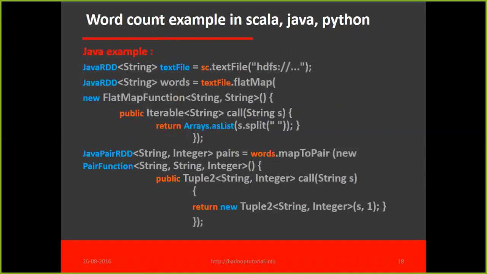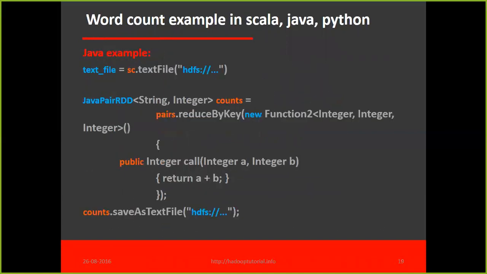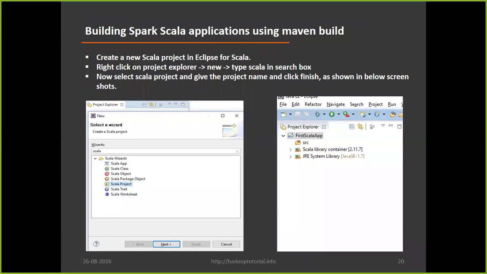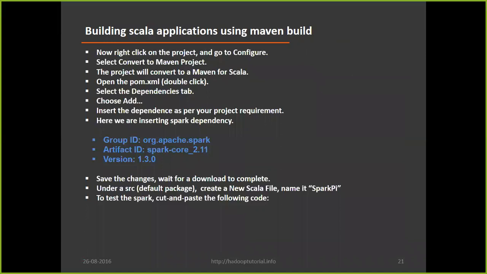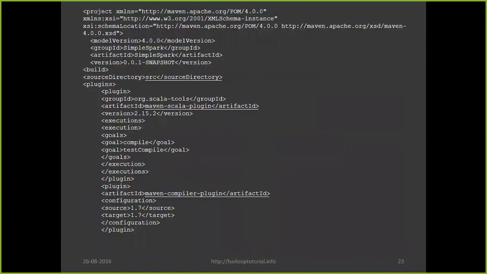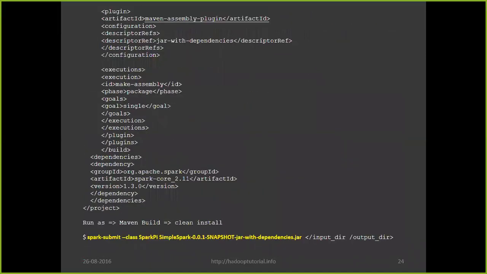I'm not much interested in the Python or Java examples, but the Scala example you have seen, and these slides show how to build your application. I already showed this in the Scala part, and I covered that today again. Whatever jar I have built there, if you want to run it, you can use the spark-submit syntax, but running is not my focus now.